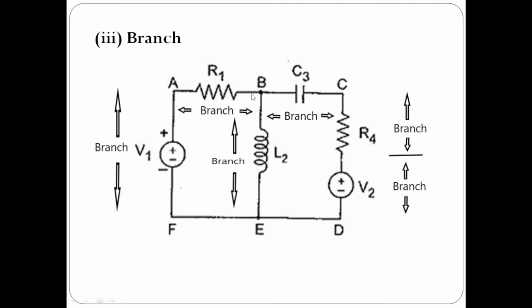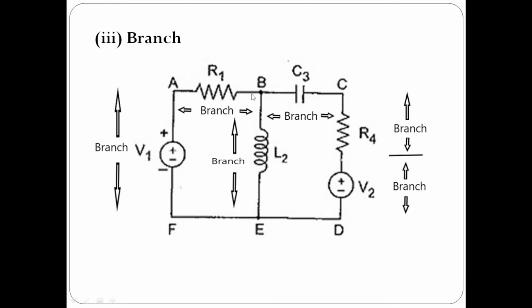To be more clear, from this diagram you can see there is a voltage element here. This element from A to F is one branch. From A to B, this is one branch. From B to C, this is one branch. From C to this R4 terminal, this is one branch. And there is no element here, so forget about it.